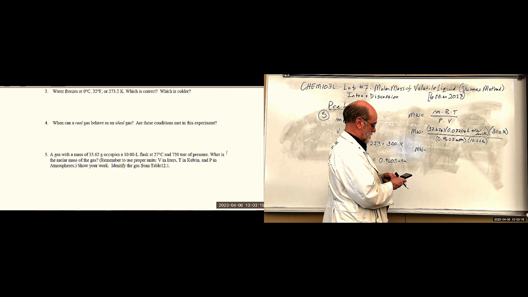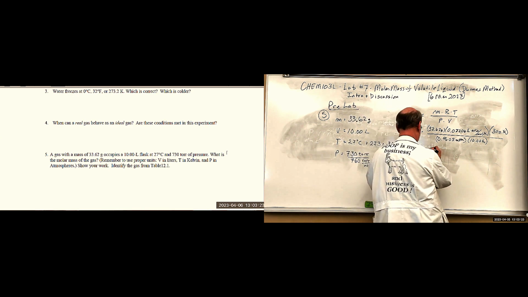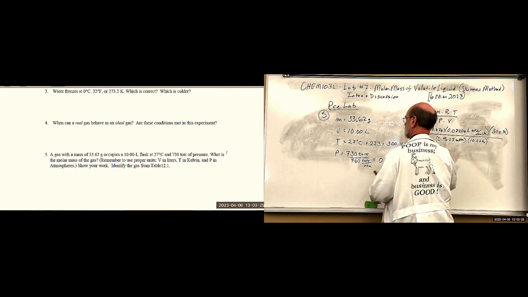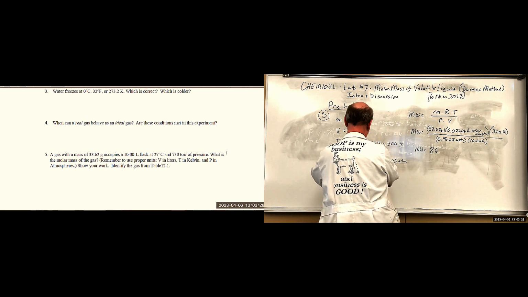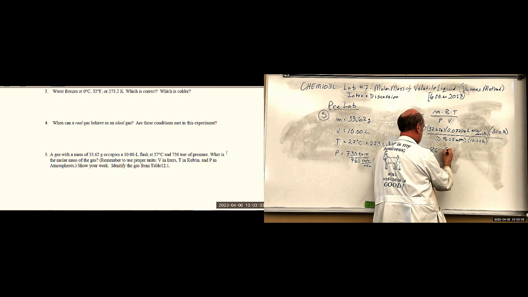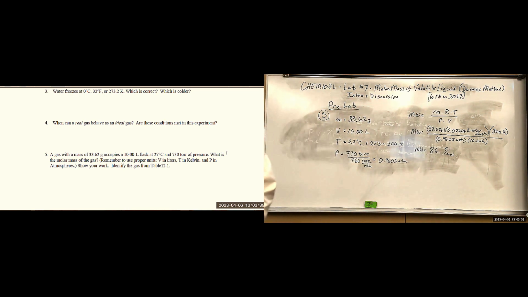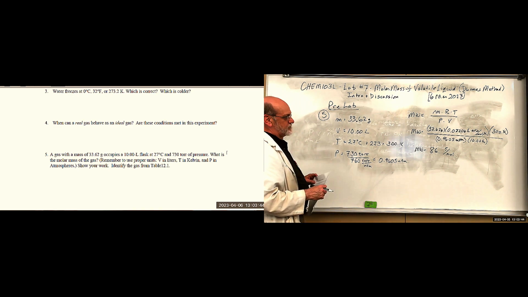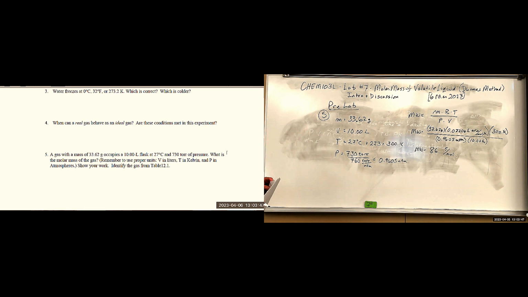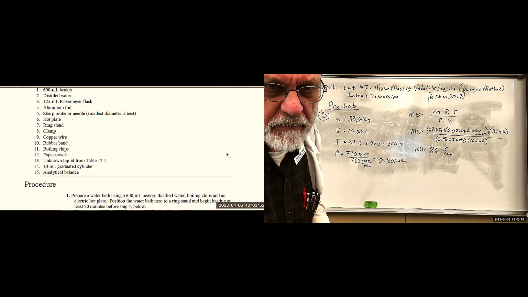Times 300, divided by 0.9605 and 10. So I get 86 point something. Oops, 3 significant figures. So 86 grams per mole.